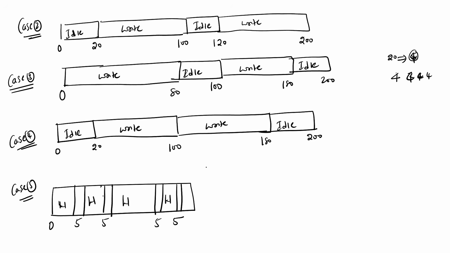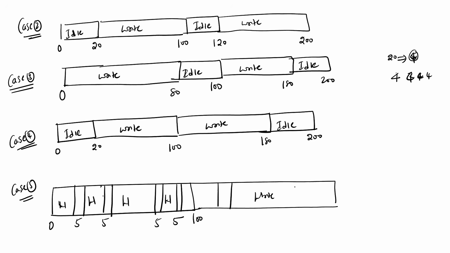Five fours are how much? 20. Or otherwise till 100. Again, if you take this, 7 cycles are idle, again write operation, again 7 cycles are idle, again write operation, again 8 cycles are idle. So these are the different cases I wrote.